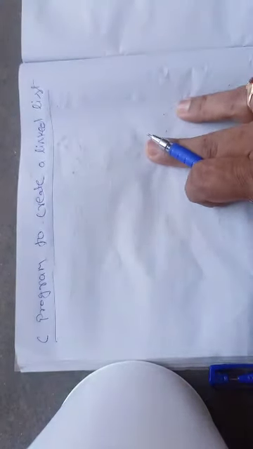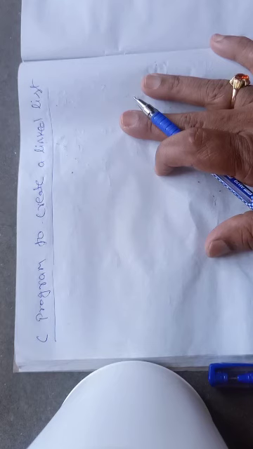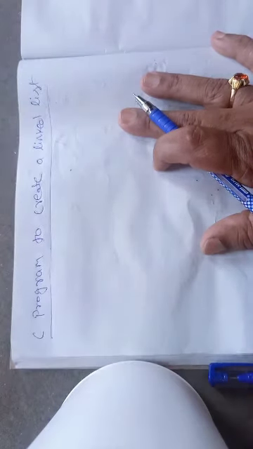So hello students, in our last video we have seen the algorithm to create a linked list. In this video we will see a C program that will create a linked list.